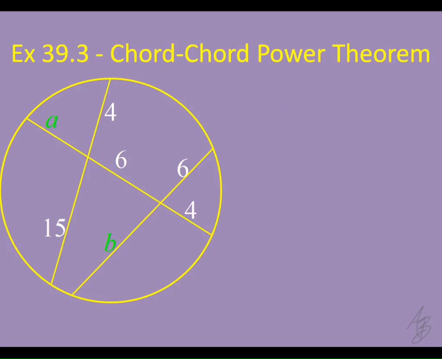All right, so let's clear that, and let's solve for A using this intersection. Anybody want to set it up for me? 15 times 4. Okay, so 15 times 4 equals 8 times 6?